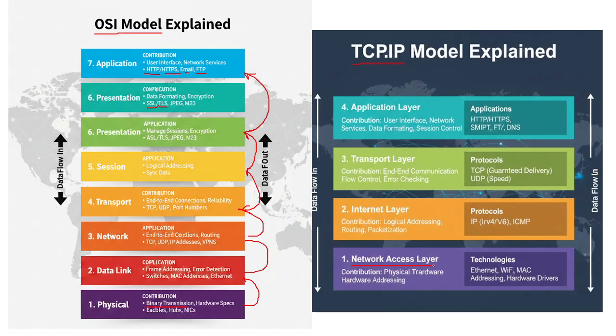If we compare it with the OSI model, the first two layers, the data link and the physical layer, together form this network access layer. We can refer to these two as the first layer. The second layer is the internet layer, which is responsible for logical addressing, whatever we put on the net should route to the appropriate IP.